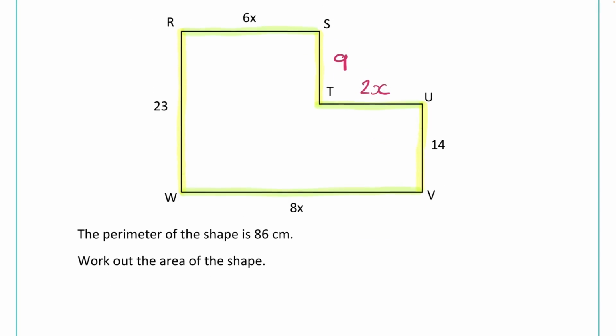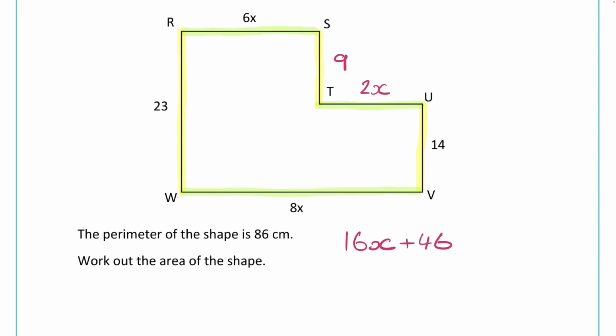Now we can create an expression for the perimeter, which is adding together all the pieces around the outside. If we add up the x's to start with, we have 8x, 6x and 2x, which in total is 16x. And if we add up the numbers, we have 23, 9 and 14, or 23 times 2, which is 46. So that right there is an expression for the perimeter.